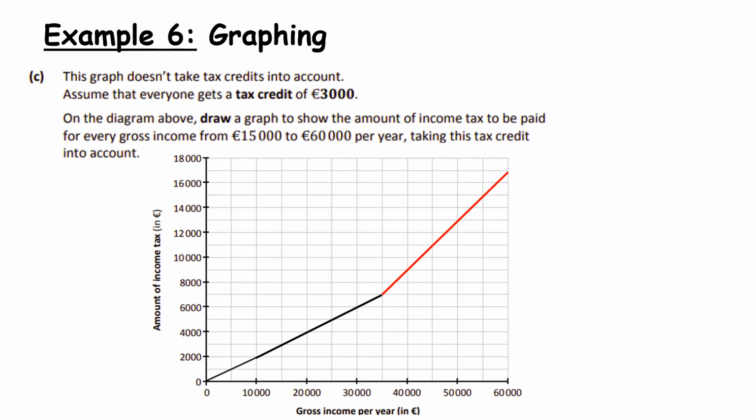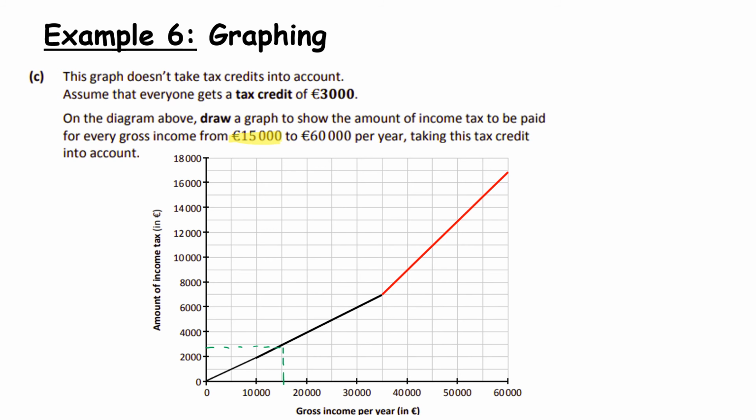Now, there's a very specific reason why they've asked it from 15,000 and not from 0, because nobody who earns less than 15,000 will pay any tax. If we look at the graph, up to 15,000, which I'll mark in here, they all pay less tax than 3,000, so the tax credit will offset all of their tax.